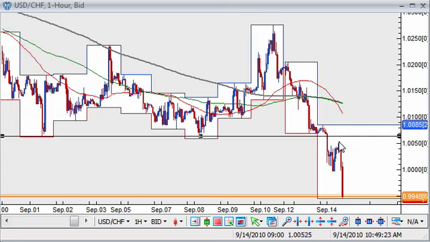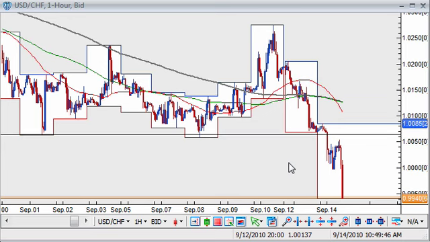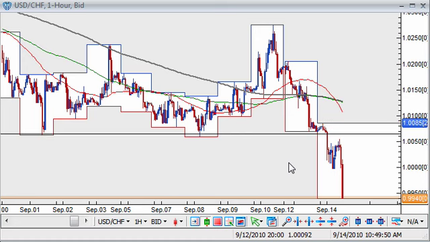We can see that earlier overnight we broke our support at 1.0050, so that sort of opened up this 100 pip move in the pair. So we'll see if there is more to the rumors about the SNB deciding to raise rates, which is quite interesting because that would cause an appreciation of the Swiss franc, and that's something that the Swiss National Bank doesn't actually want to see happen because it'll hurt Swiss exporters.